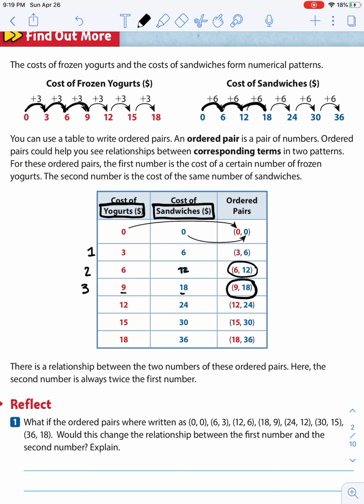There's a relationship between the first two numbers of these ordered pairs. Here, the second number is always twice or double the first number. So look, 30 is double 15. 24 is double 12. Because the cost of a sandwich is double the cost of the yogurt.